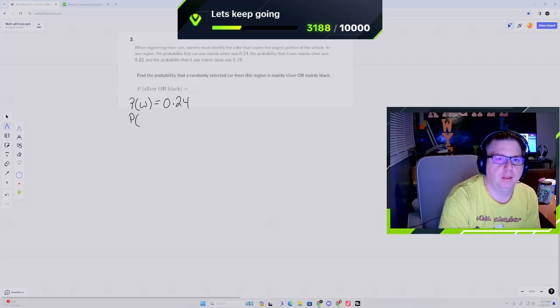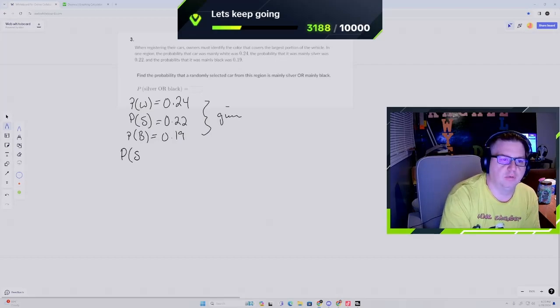The probability that it's mainly silver is 0.22. And the probability that it's mainly black is 0.19. Okay, this is all given information. Now we want the probability of being silver or black.